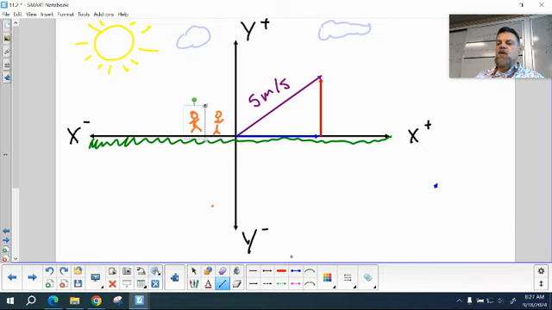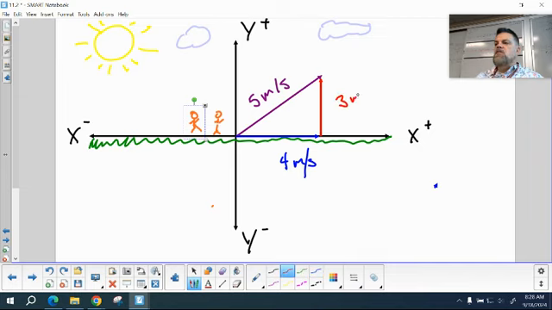Now I happen to know off the top of my head that this measurement here is going to be 4 meters per second, and this measurement is 3 meters per second. If I break down the vectors, I can find out that even though the t-shirt is leaving the cannon at an angle at 5 meters per second, I can mathematically represent and figure out the directions.